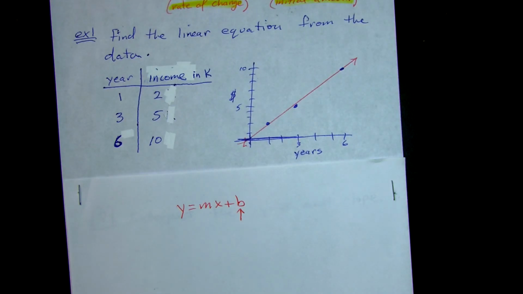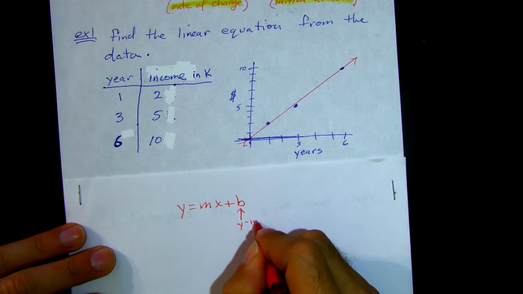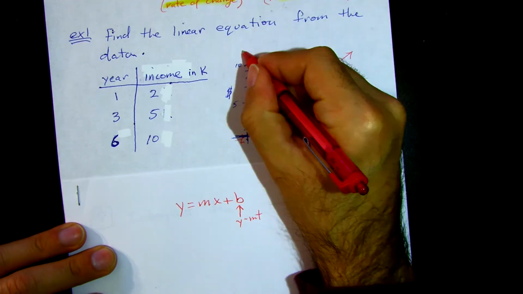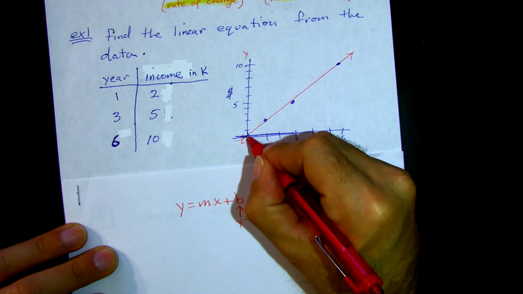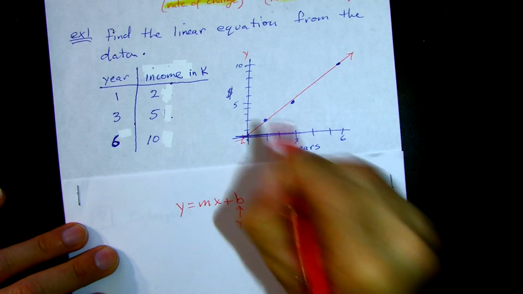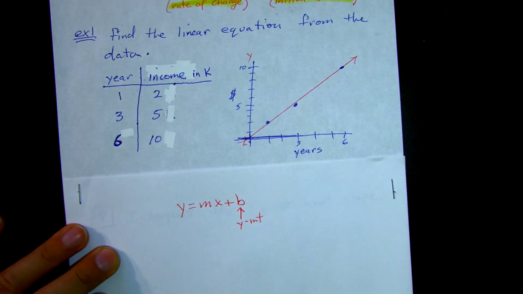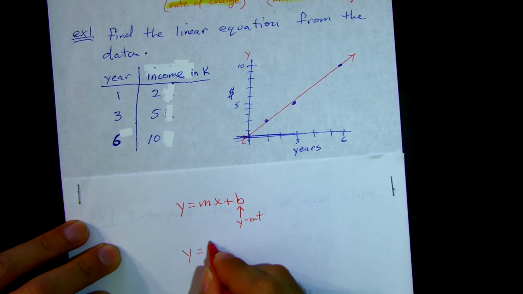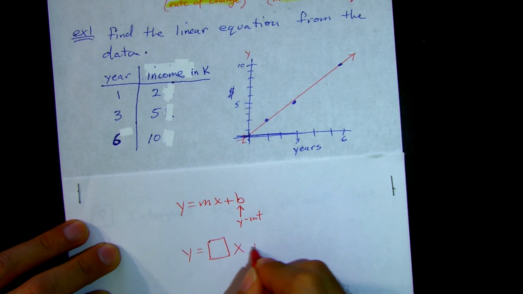Yeah, Haley. No, B is not 1, 2. B is the y-intercept. So where is the line crossing the y-axis? 0. Okay. So we're going to put in a slope x plus 0. We'll clean that up later.